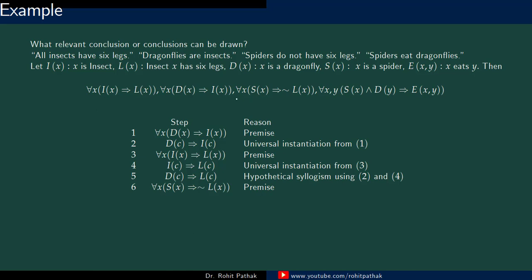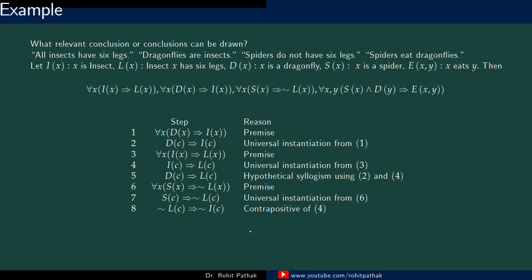Then we take the next premise: for all x, Sx implies negation Lx. That means for all creatures, if x is a spider, then it does not have 6 legs. Then universal instantiation again, from 6, it is true for any arbitrary C. So now we want to combine SC implies negation LC and IC implies LC.